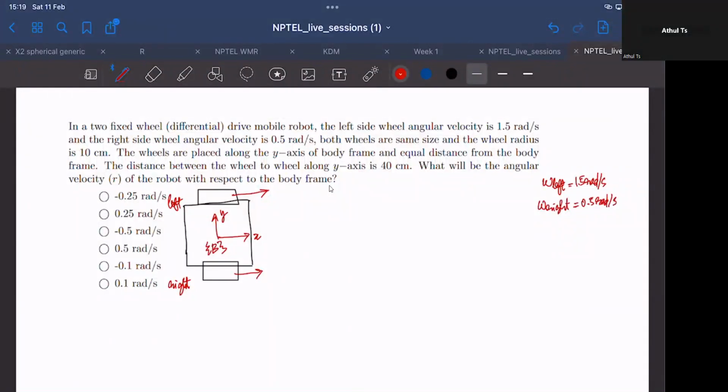We have also been given the wheel radius A, that is 10 centimeters or 10 by 100 meters. We have also been given the wheel-to-wheel distance along the y-axis, that is 40 centimeters.